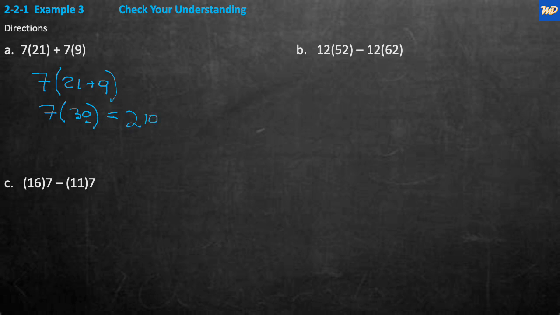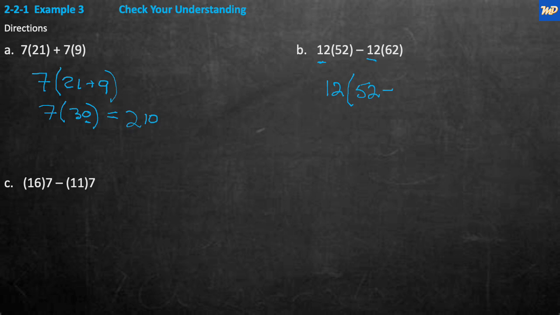Okay? So now B, same thing. We have a common factor in both of these numbers, and that common factor is 12. So 12 times 52, that's the remaining factor from this number or this combination. Okay, so it's 52, and it's minus 62.